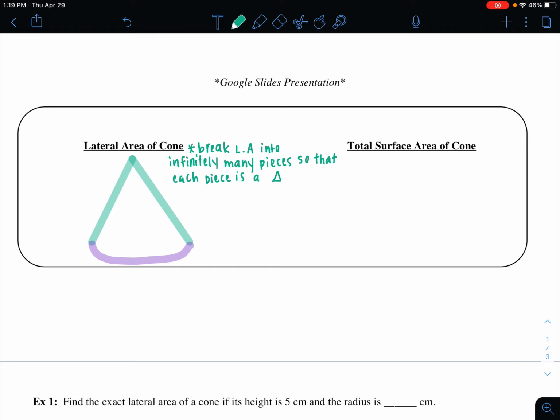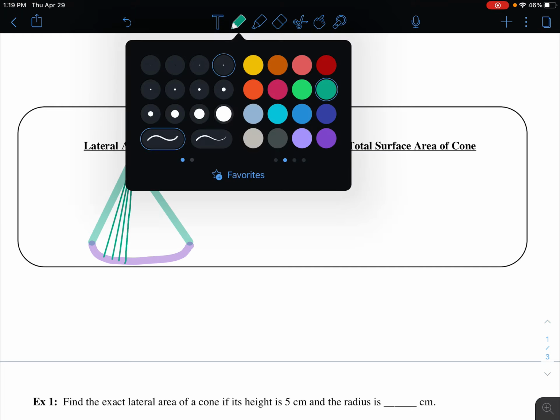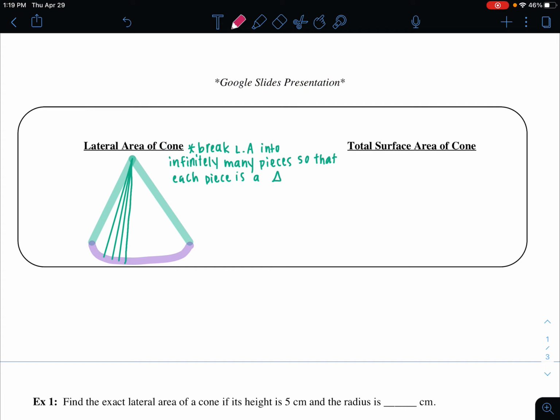Let's take a look at this. If I were to draw this in, we have a triangle here, a triangle here, we could have another little triangle here, and we could keep going. So technically the area of a sector is what's going to help me determine this.